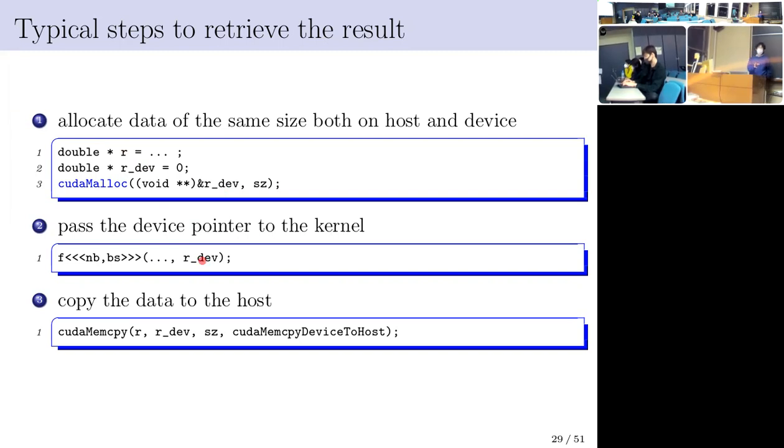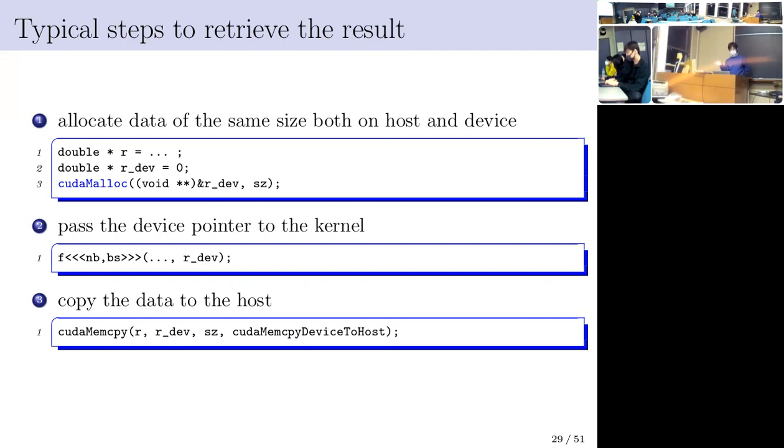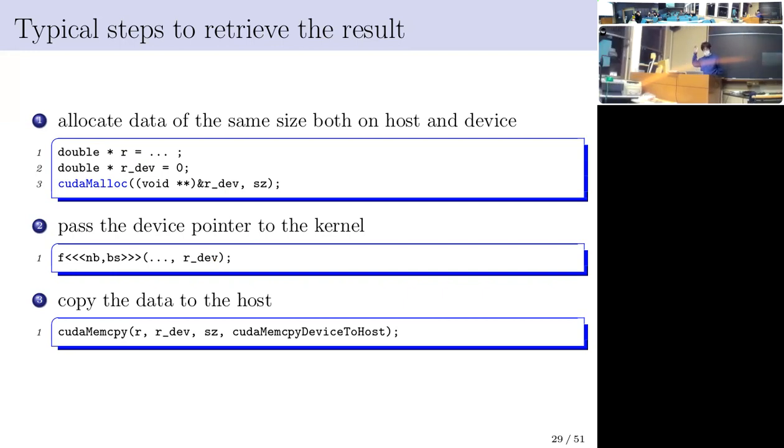Unfortunately, like I said earlier, all the kernel functions must be void, so you cannot simply return any value. So the only way you can effectively return some value from the GPU to the CPU is to pass a pointer to which the GPU is supposed to write the result, as a function argument.